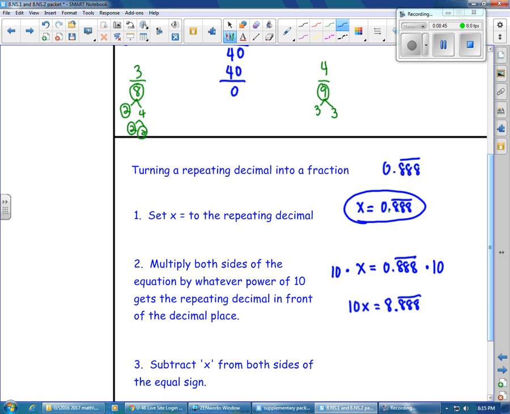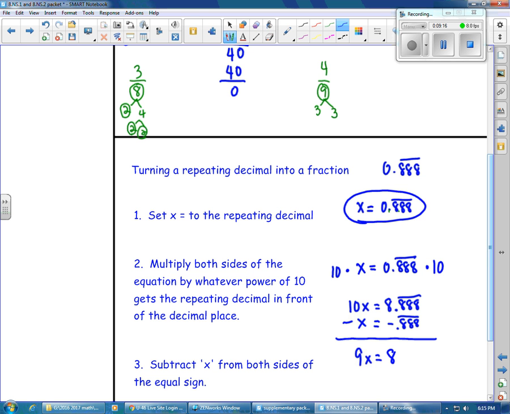So if I subtract x from my left side of the equation, I can subtract 0.888 repeating from the right side of my equation because they equal each other. On my left side of the equation, 10x minus x is 9x. On my right side, 8.888 repeating minus 0.888 repeating leaves me with just 8.